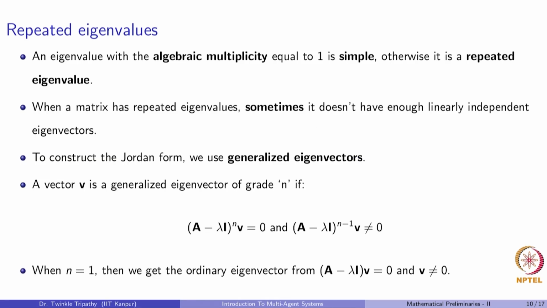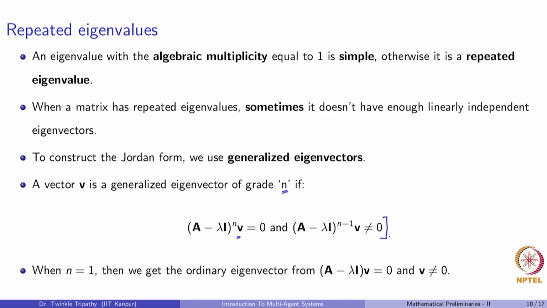Now, any vector V is known as a generalized eigenvector of grade n if it satisfies two properties. The first is (A minus lambda I) raised to the power n times V should be equal to 0. The second is (A minus lambda I) raised to the power n minus 1 multiplied with V should not be equal to 0.